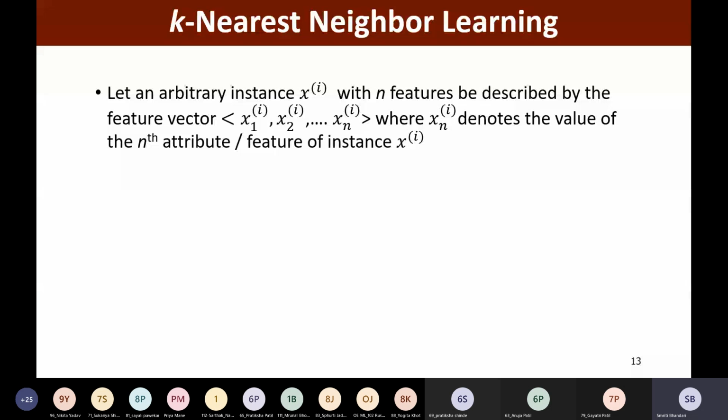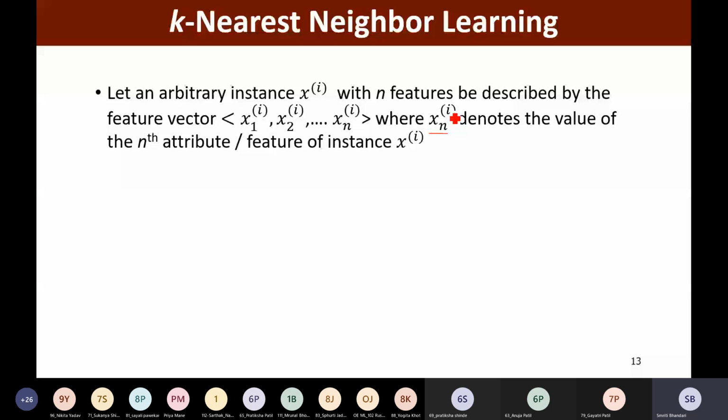Let us assume that we have an arbitrary instance xi with n features. These n features are described as x1i, x2i up to xni, where xni denotes the nth feature of instance i.